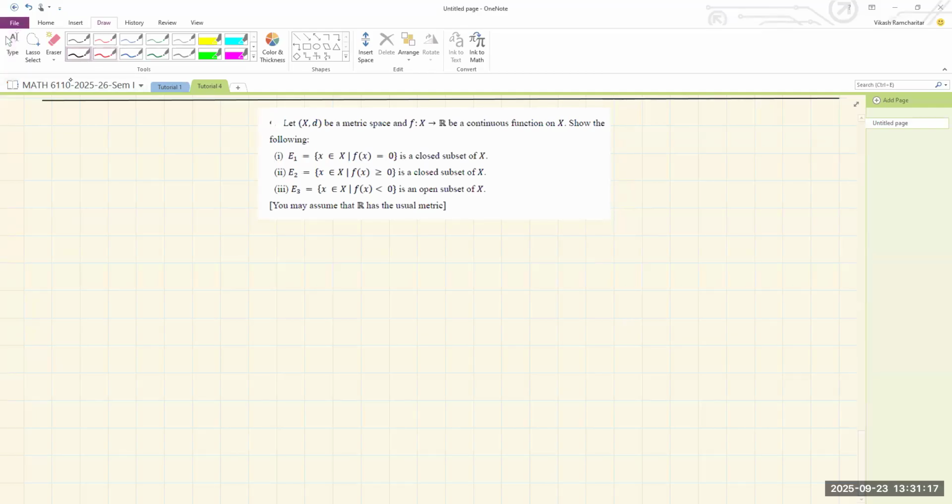Okay, so in this video, we're going to be looking at some questions involving the continuity of functions on metric spaces. Just to recap, there are many different ways we could define the continuity of functions.